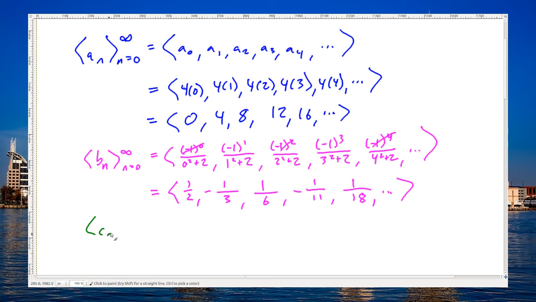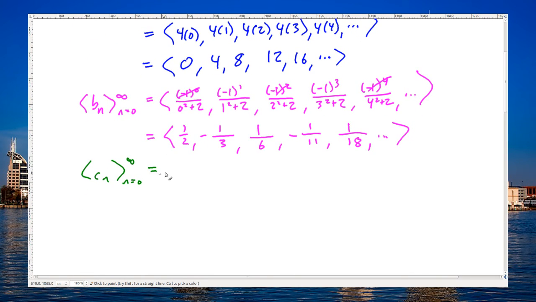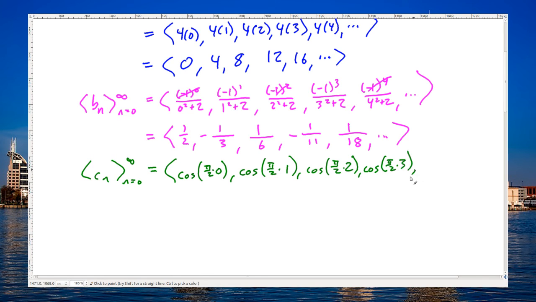So Cn from 0 to infinity will get us cosine pi over 2 times 0, cosine pi over 2 times 1, cosine pi over 2 times 2, now 3, 4, and that's 5 total at that point.